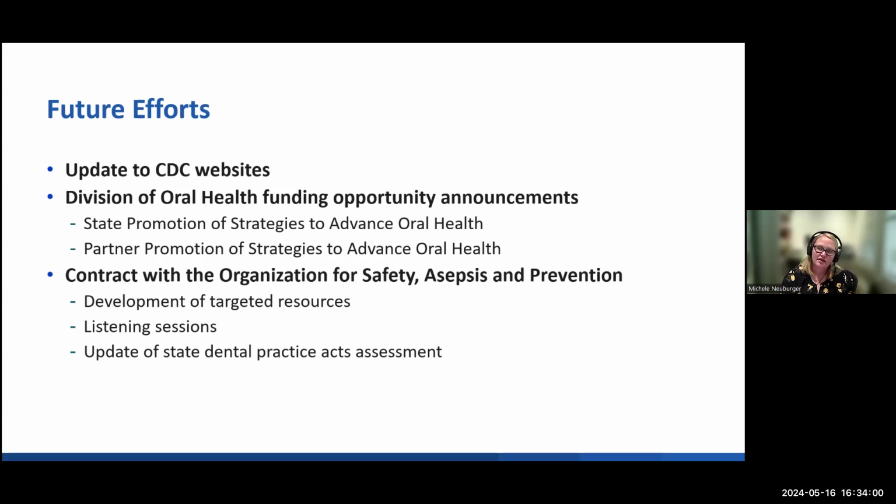And those include partnership activities and promotion of IPC resources, especially in settings that provide evidence-based preventive dental services to high-risk populations. Those are really the settings we want to focus our efforts on going forward.